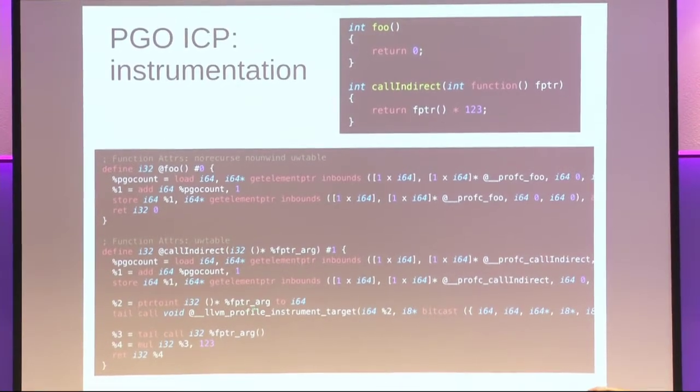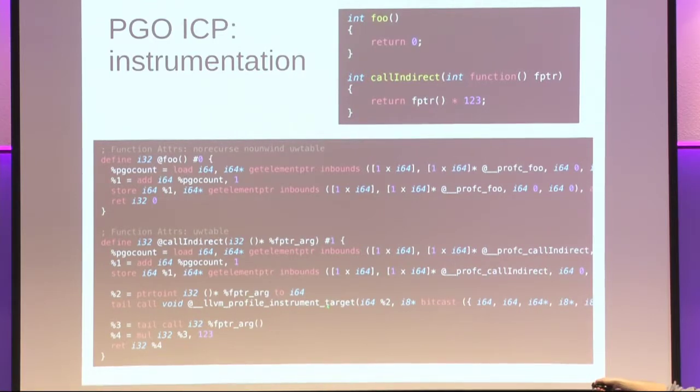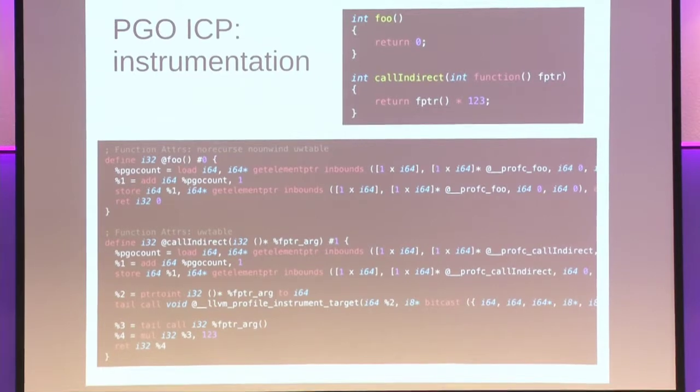Then we convert this pointer argument, this fpointer argument, to an integer, a 64-bit integer on this platform. And then we call an LLVM runtime function to store the value of this function pointer at that point in the program. And then we just call the function pointer argument, multiply 1 to 3, and return.